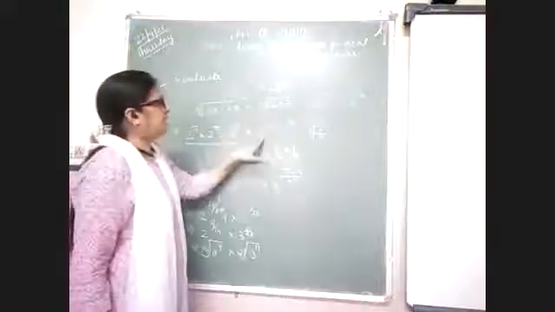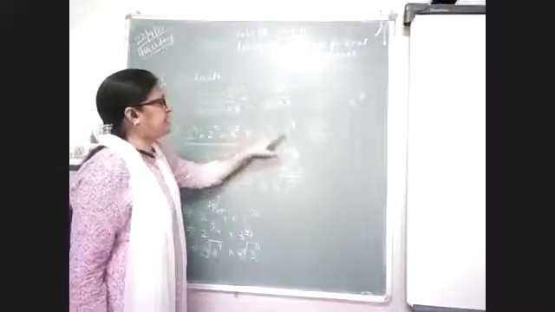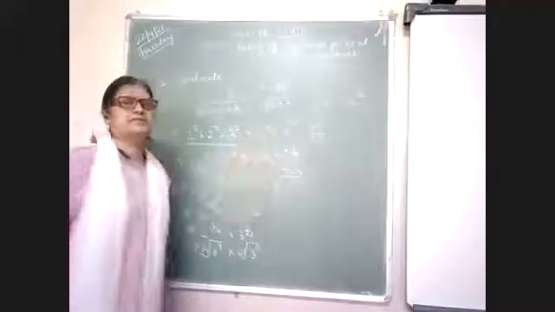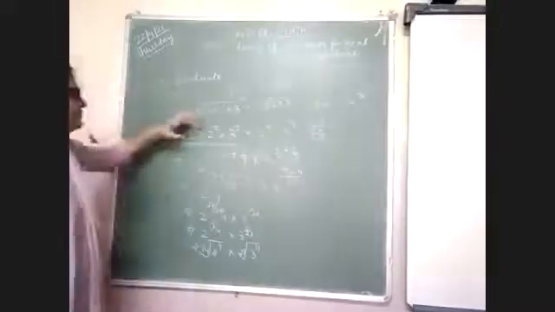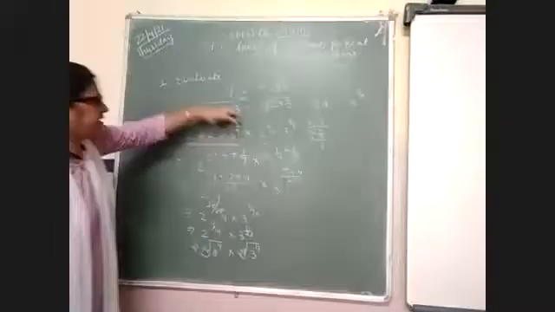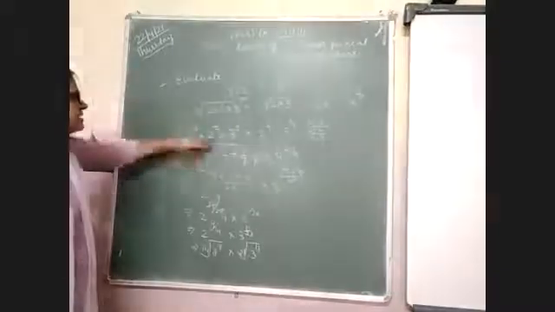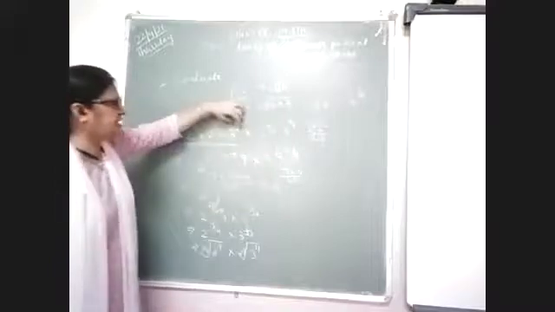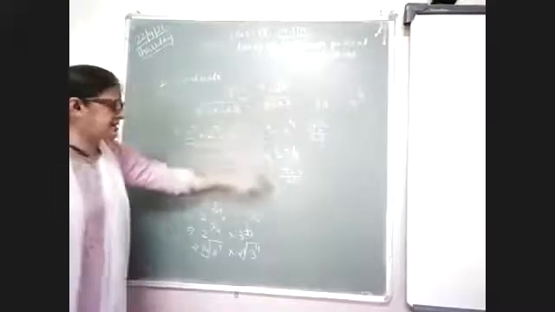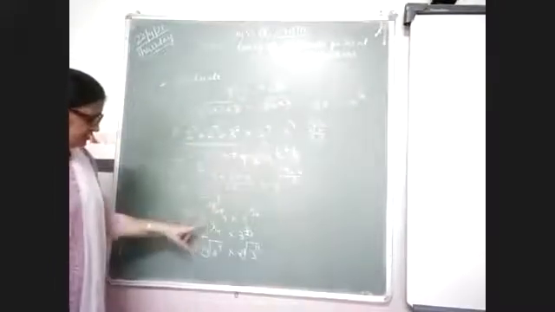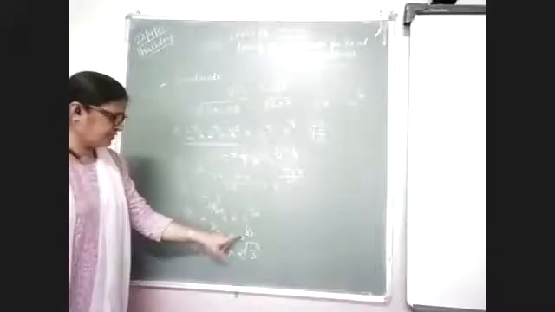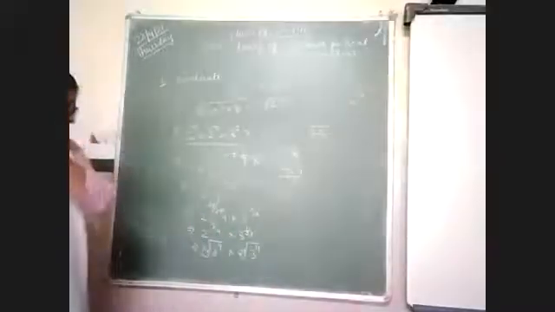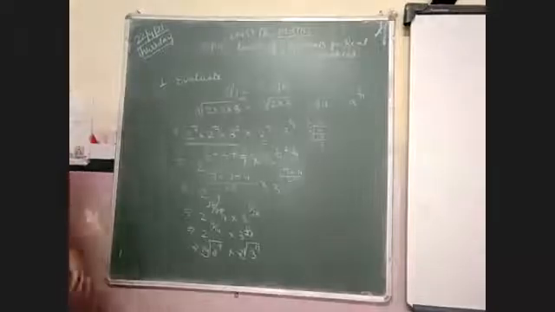And again expand this: 2 raised to the power 1 by 7 and 3 raised to the power 1 upon 7. Now the bases are equal and multiplied together, so the powers are added, and take the LCM. These powers are also added because the base is the same. Now this is equal to 2 raised to the power 9 upon 14 into 3 raised to the power 11 upon 28.